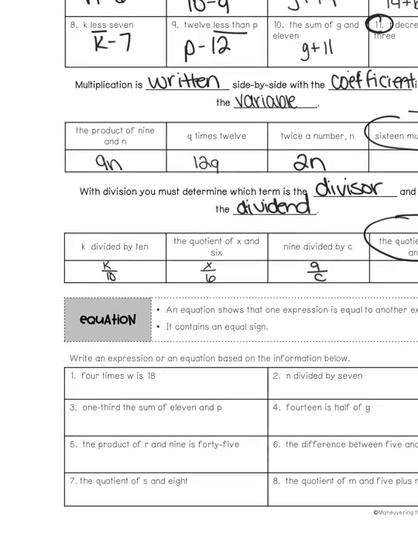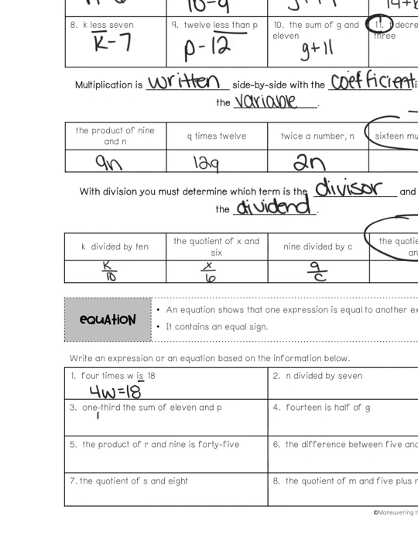So like 4 times w is 18. So 4w equals 18. That is means equal. 1/3 the sum of 11 and p. That one is just an expression, okay? It doesn't have the word is, it doesn't have the word equals. Nothing there tells me that there should be an equal sign, right?